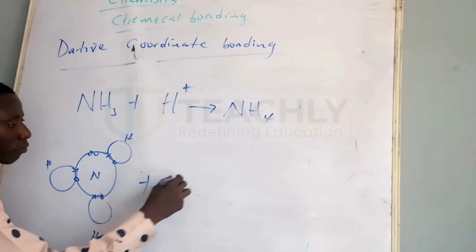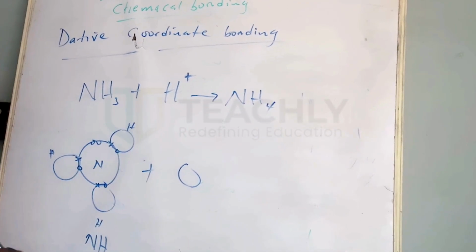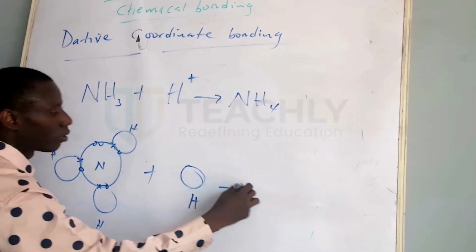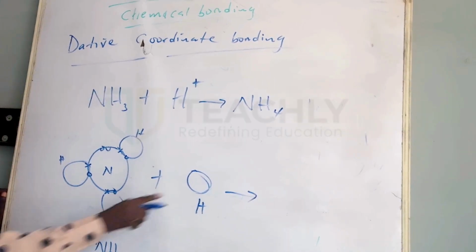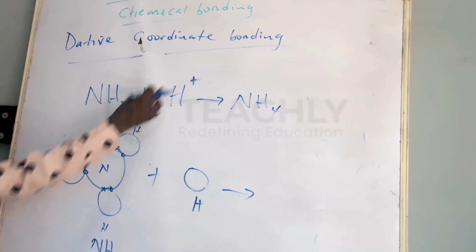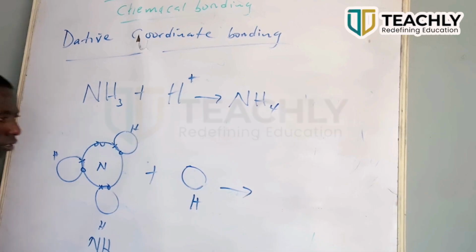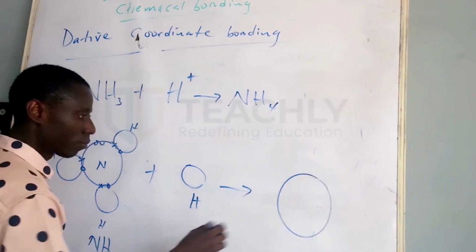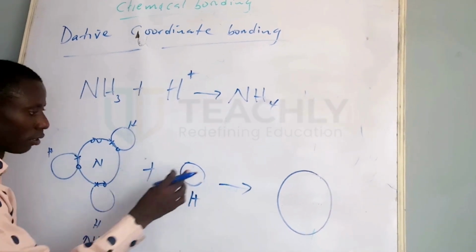When it now reacts with hydrogen ion, the hydrogen ion has lost its electron, so it has no electron in it. By the time they react together, we form something like this.